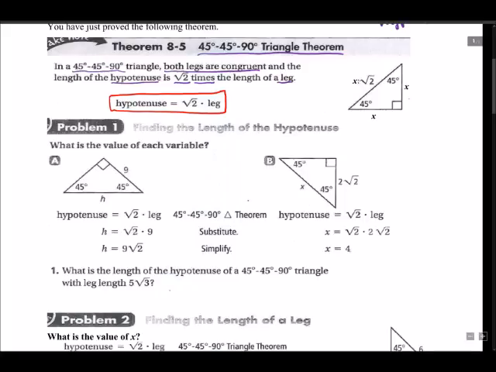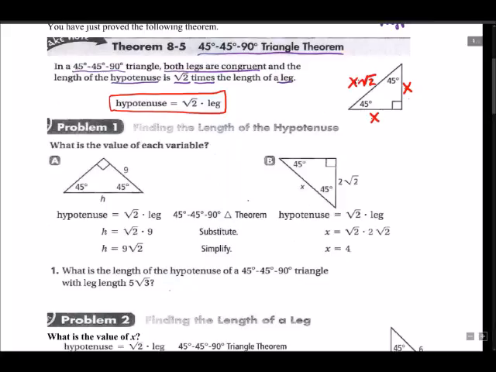And we see our right triangle here. We see that it is a 45-45. So we know that both of the legs measure x, and the hypotenuse measures x root 2. So all you have to do is label your triangle as such, and then things will be super easy.